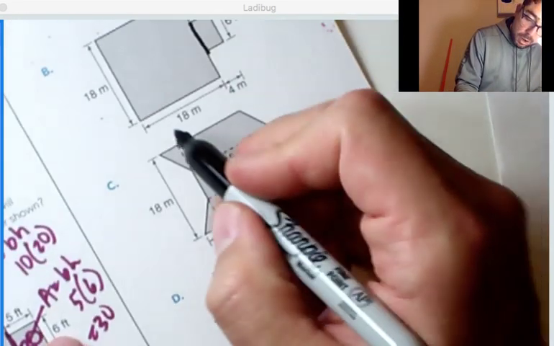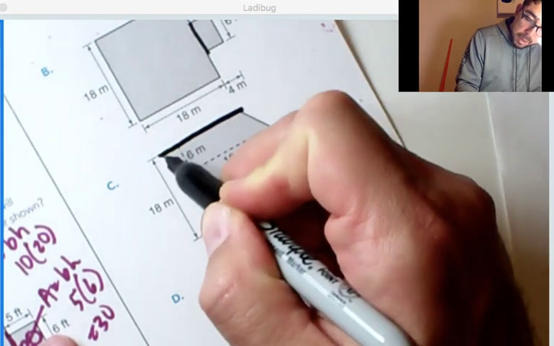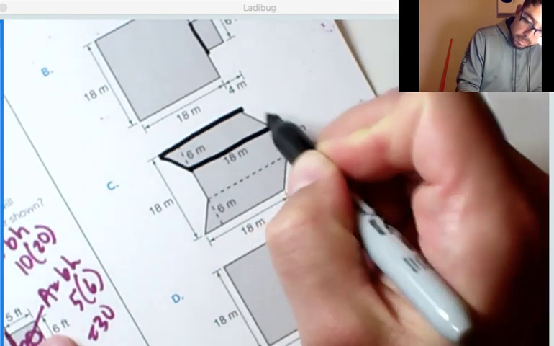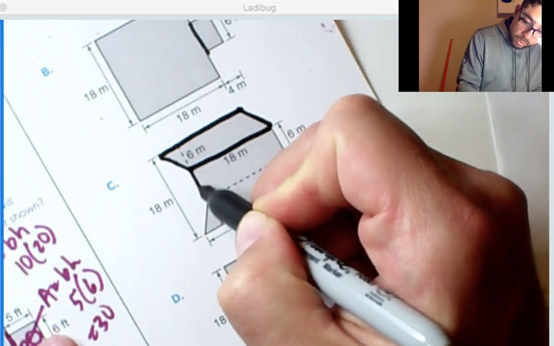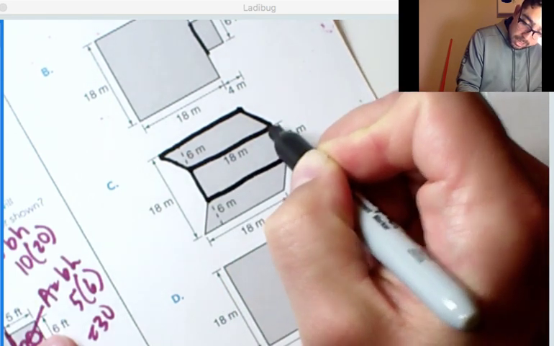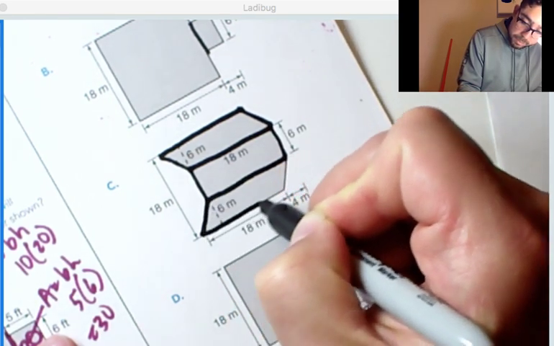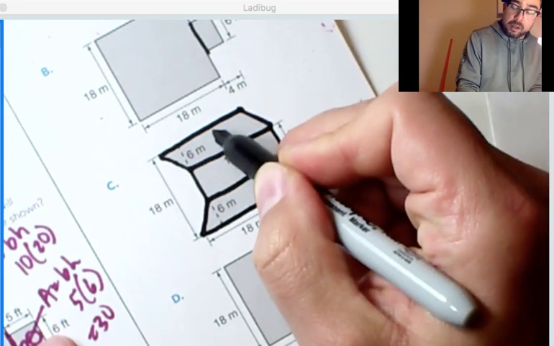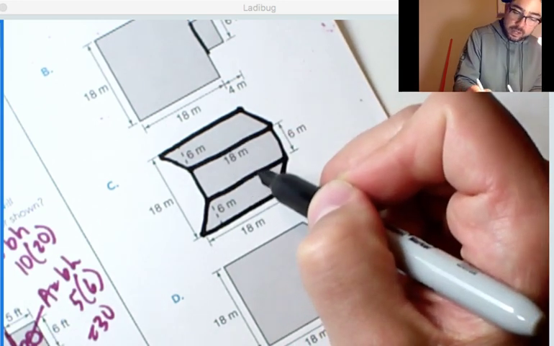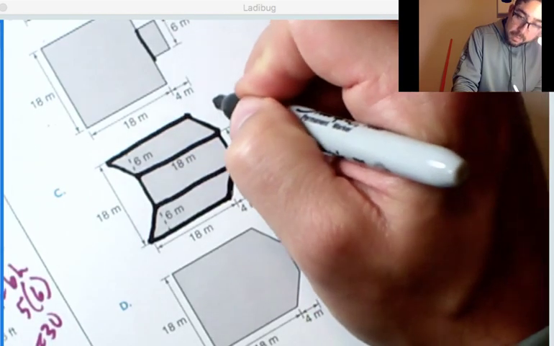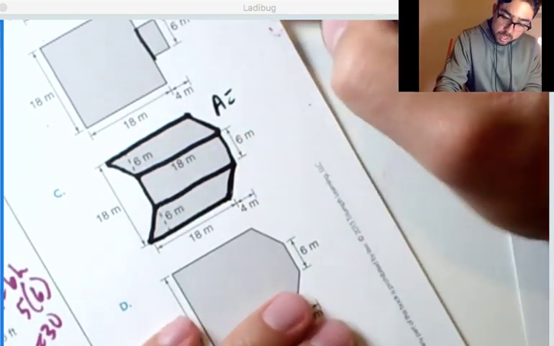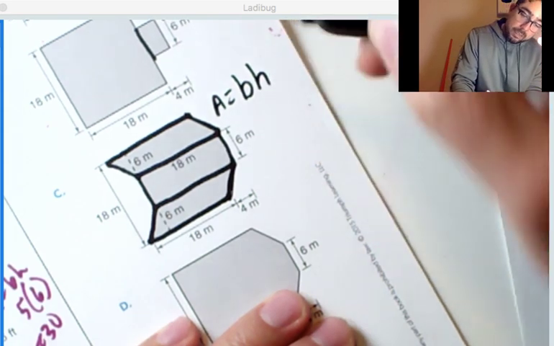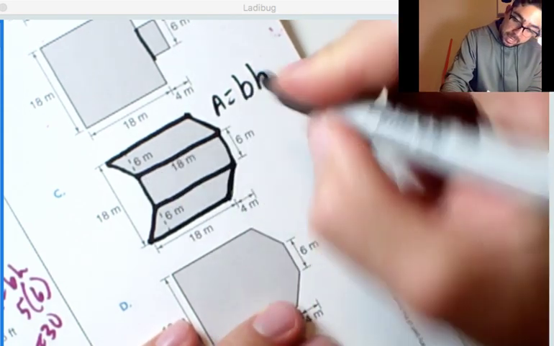The next one, we have to identify the figures. So the figures here are a parallelogram, a rectangle, and then another parallelogram. I can tell that these two parallelograms are congruent, right? The formula for the area of a parallelogram is area equals base times height. If I look here at the parallelogram, the base is 18.